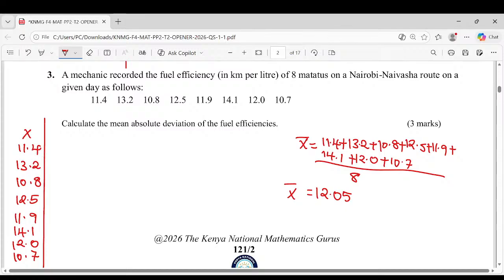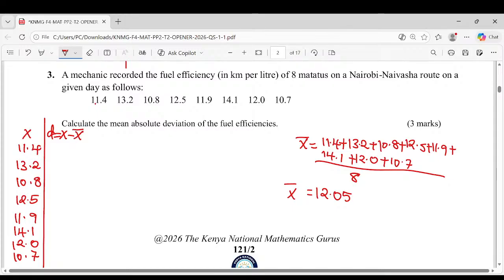It's good to confirm for a higher level of accuracy. 11.4 plus 13.2 plus 10.8 plus 12.5 plus 11.9 plus 14.1 plus 12.0 plus 10.7, then divide by 8 because there are 8 items. That becomes 12.05. Then let's get our deviation, D, which is given by x minus x bar.